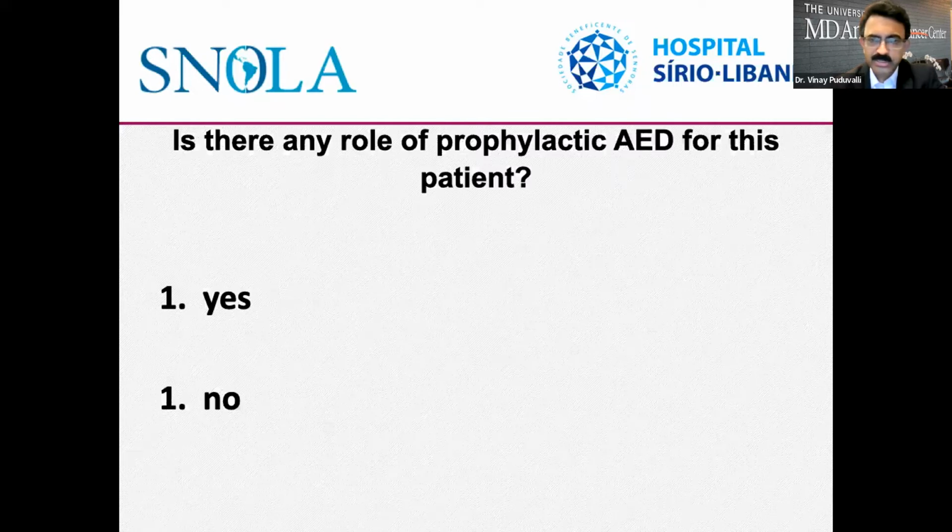But anticonvulsants are not without issues. They have their own side effects. And if you're committing a patient to very long-term treatment, because once you start prophylaxis, you don't necessarily know when to stop, I think it should be considered very carefully. And younger patients, especially who get lower grade tumors, are functional.